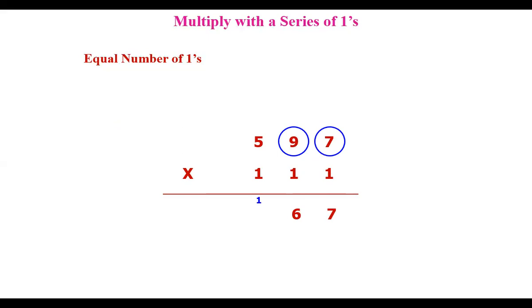Next, here we have to sum up 3 digits, because we have 3 ones here. That's why you have to go on adding up to 3 numbers. So 7 plus 9, 16, plus 5, 21. Already we have 1, 21 plus 1, 22. So 2 is in the hundreds place and another 2 is kept for the thousands place. Clear?